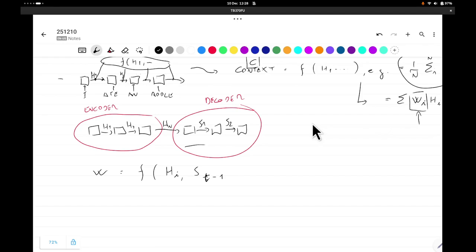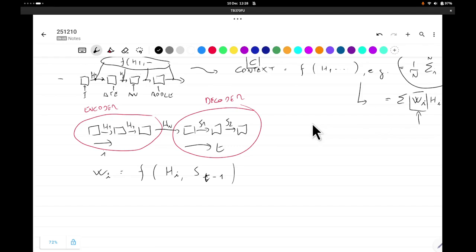So here I have a variable t that evolves and a variable i that evolves. And the weight is related to the specific value of the state, right?